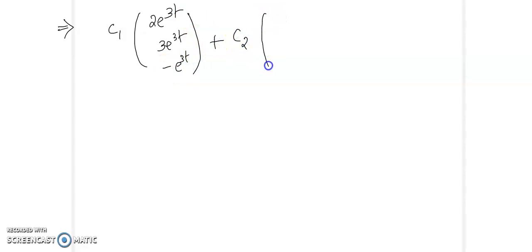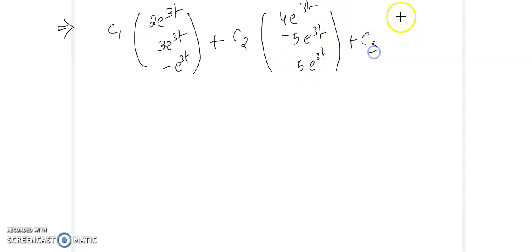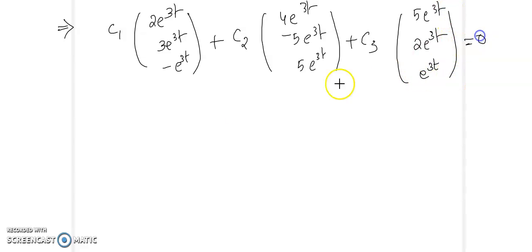So that will give us C1 times 2 e raised to 3t, 3 e raised to 3t and minus e raised to 3t, then C2 times 4 e raised to 3t, minus 5 e raised to 3t, 5 e raised to 3t, plus C3 times 5 e raised to 3t, 2 e raised to 3t and e raised to 3t equal to 0.